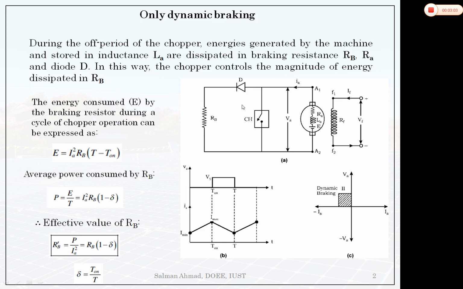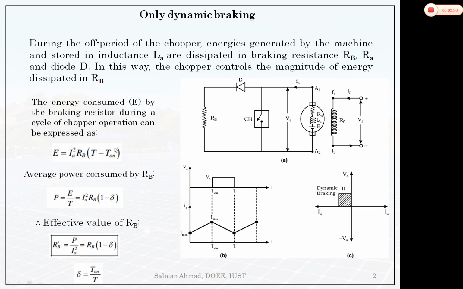Okay, whenever this chopper is on, this diode will be in reverse bias condition, and this will be open circuited. Okay, so this resistor will not be connected in the circuit. So Ia square RB times T minus T on. Okay, only for this period of time the braking resistor is connected in the circuit.